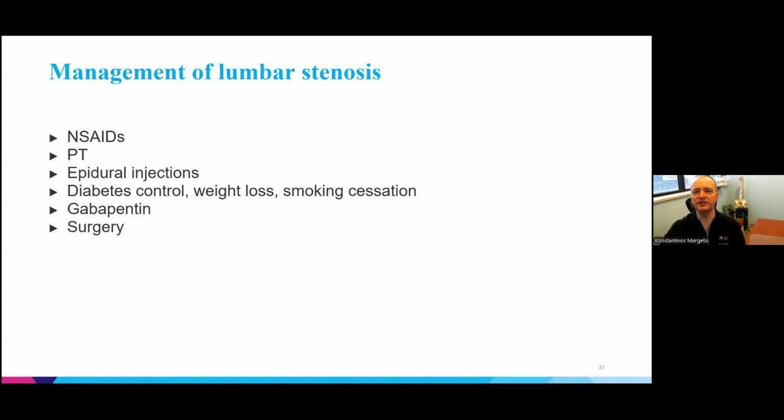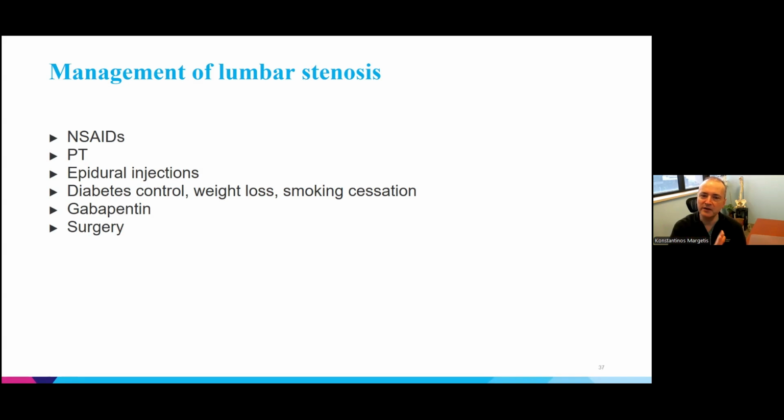For a lumbar stenosis, the treatment again is pharmacological, physical therapy. Then we can try epidural injections with the interventional spine specialist. It is very important to make sure that we have the patient under an optimal systemic health condition, that if there's diabetes, it is well controlled. Because remember, diabetes can also cause peripheral neuropathy.